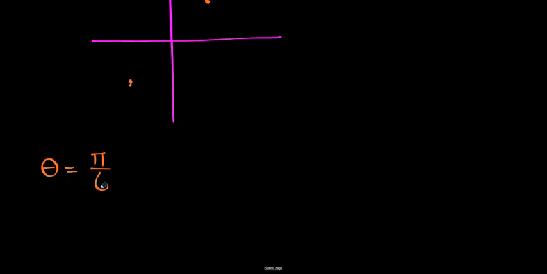So it's 30 degrees. You could say, well, tangent of pi over 6, remember it's y over x, right? And tangent of pi over 6 is 30 degrees. I thought I might have said 60 degrees, but it's 30 degrees. So this is going to be 1 over the square root of 3.